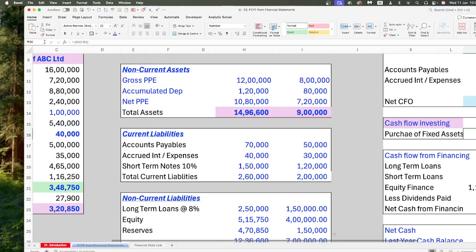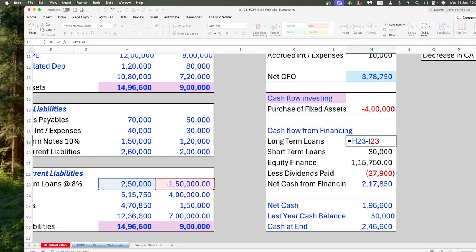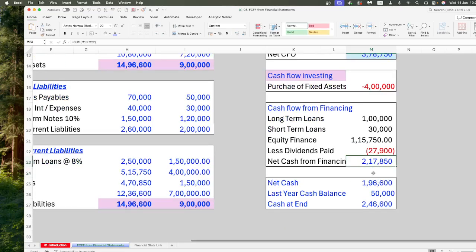Okay, that is gross PPE. That's the only thing. Now you have five items in the cash flow from financing. Again, this is the linkage from your balance sheet: increase in the long-term loans, and again increase in the short-term loans. Then you have equity finance, and you have an increase. Then you have a dividend that is paid. So you have cash flow from financing. You need to total it up. So your net cash plus last year's cash.